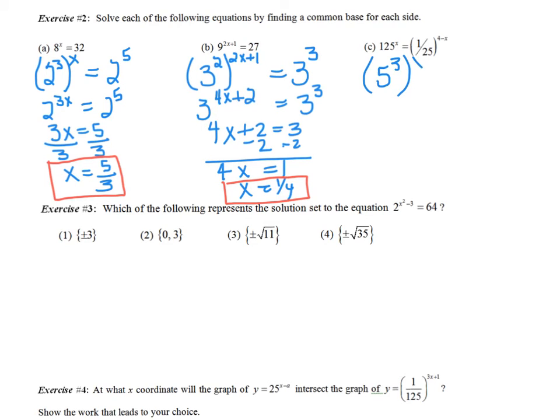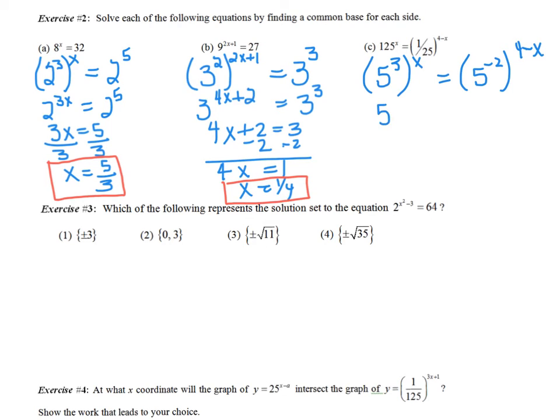I'm going to raise that to the x. 1 over 25, we talked about that a few minutes ago. That's 5 to the negative 2 power raised to the 4 minus x.